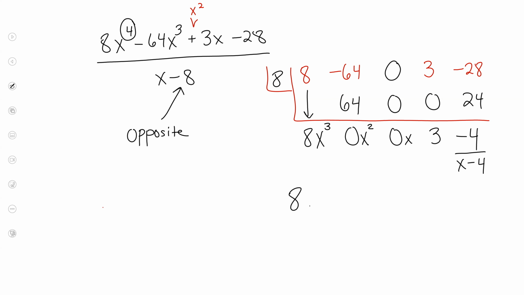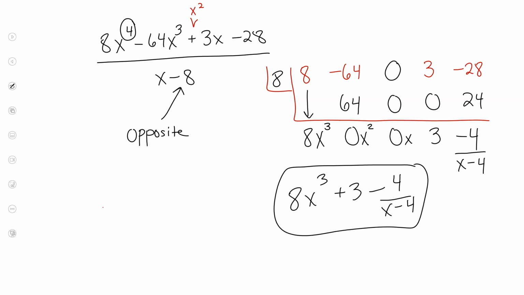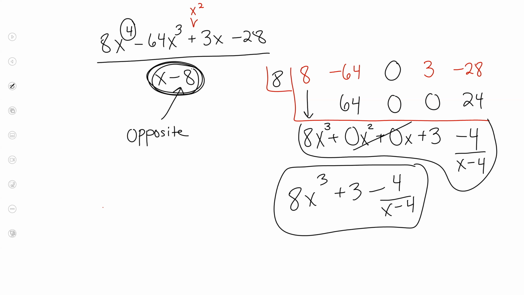It'll be 8x cubed plus 3 minus 4 over x minus 4. Okay? You can put little plus signs here if you want to. You can also write your answer like this. You don't really need the zeros. Oh, I'm sorry. Thank you. Our divisor was x minus 8, so this should be an 8. Thank you for catching that.